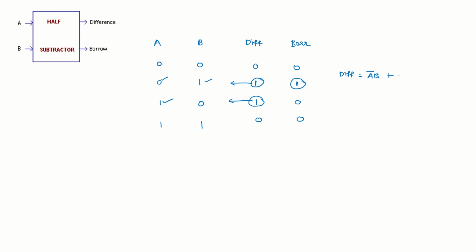A is 1 and B is 0, right? So it is A B bar. What is this called as? It is simply called as XOR gate. A XOR B. Finished. So difference is equal to A XOR B.